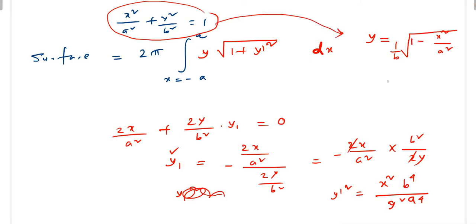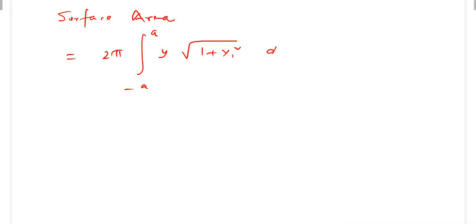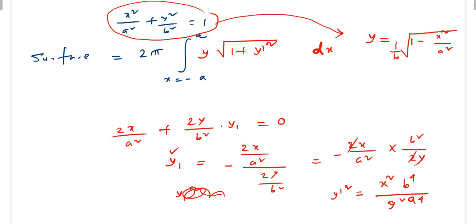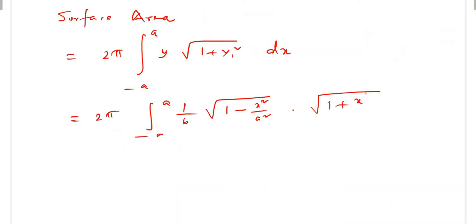From this equation you can directly find out y. So the integration will be, surface area will be 2 pi times the integral from minus a to a of y root over 1 plus y1 square dx, that is 2 pi times the integral from minus a to a of b times root over 1 minus x square by a square into root over of 1 plus x square b to the power 4 by y square a to the power 4, dx.